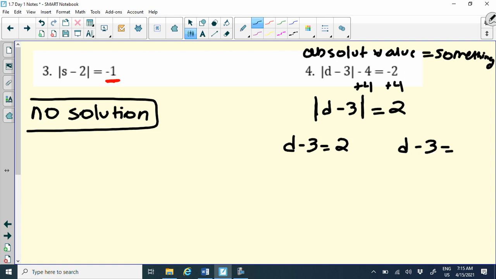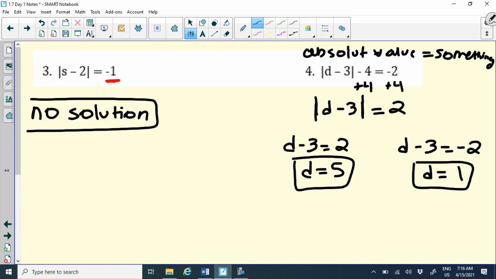One where it's exactly the same without the absolute value bars. Please make sure you get rid of those when you create your two equations. And then the other one where the number outside the absolute value bars, I negate it. Okay, now I solve. On both of them, I add 3, so I get 5. And then on the other one, I get 1. So those will be my two solutions there. Okay?